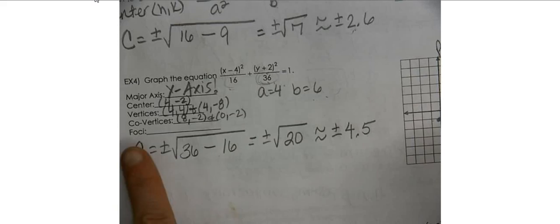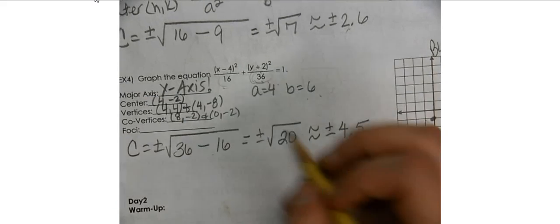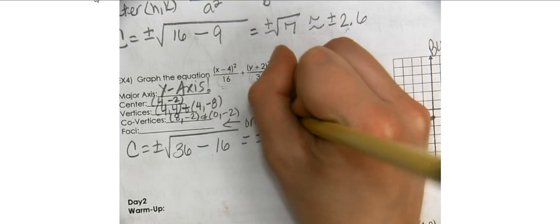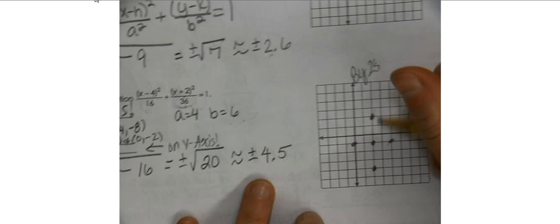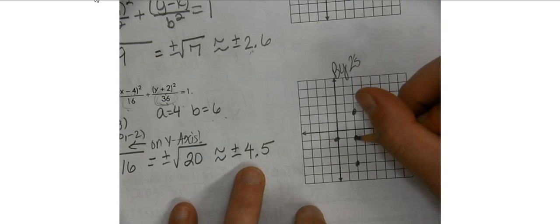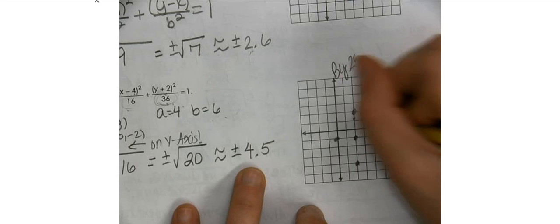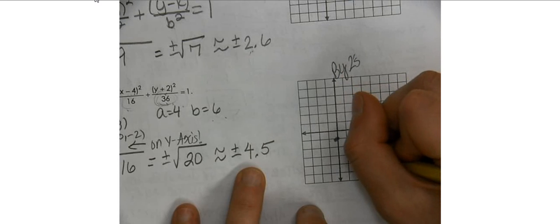Since my major axis is the y-axis, my foci will be on the y-axis this time. So I'm going to count 4.5 units going up and going down. So that's 2, 4, and then a little bit. And then 2, 4, and then a little bit more.